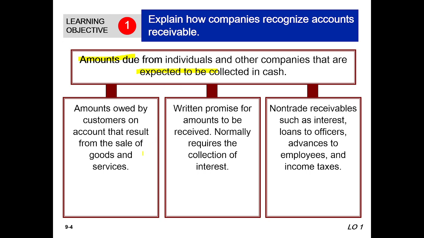That's why here we have 3 types. Number 1, amounts owed by customers on account that result from the sale of goods and services. Number 2, written promises for amounts to be received, which normally require the collection of interest.